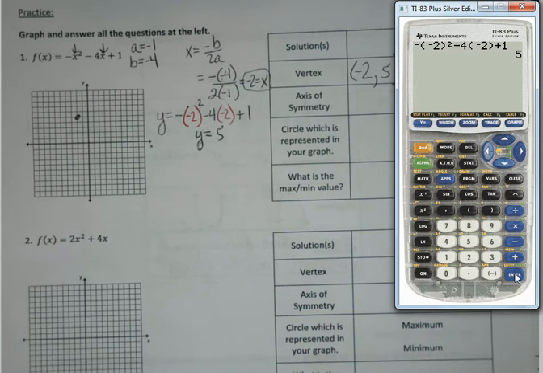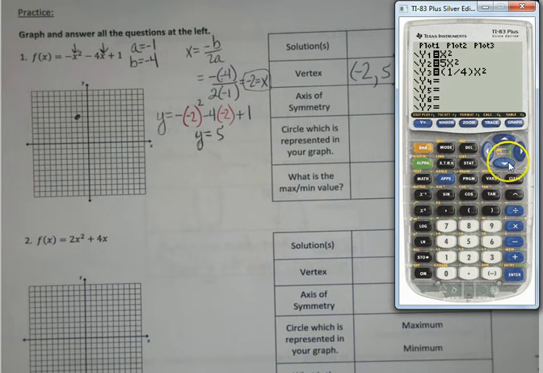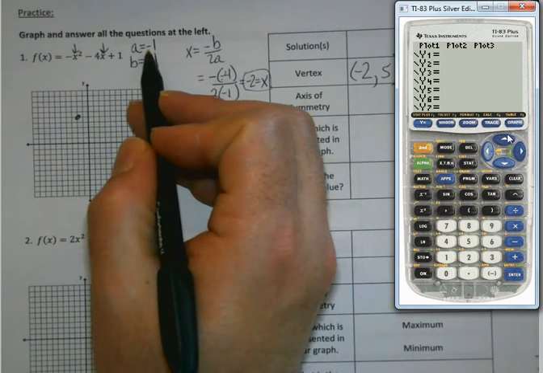Now, before I put it on the calculator though, just in looking at the equation and my a value, is this going to open up or down? How could I know that right away? It's going to open down because my a value is negative.